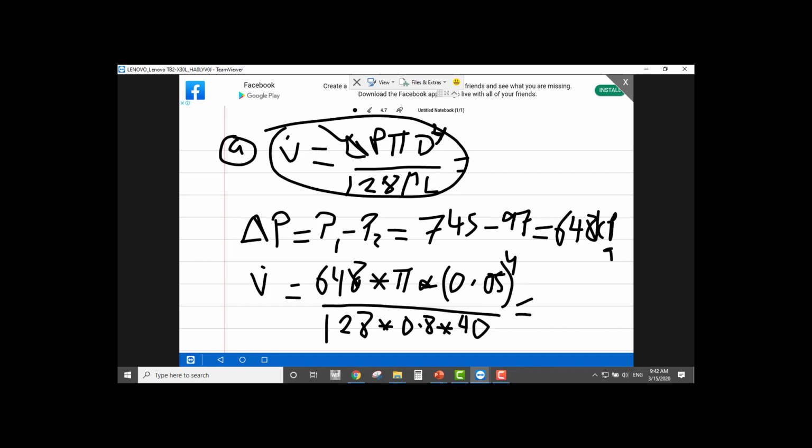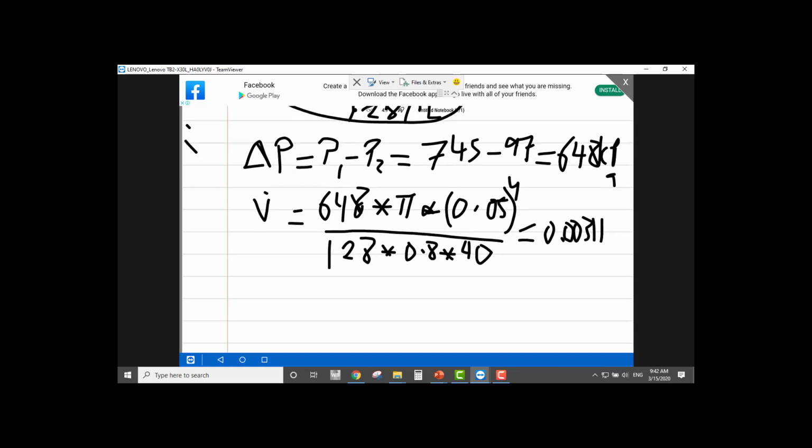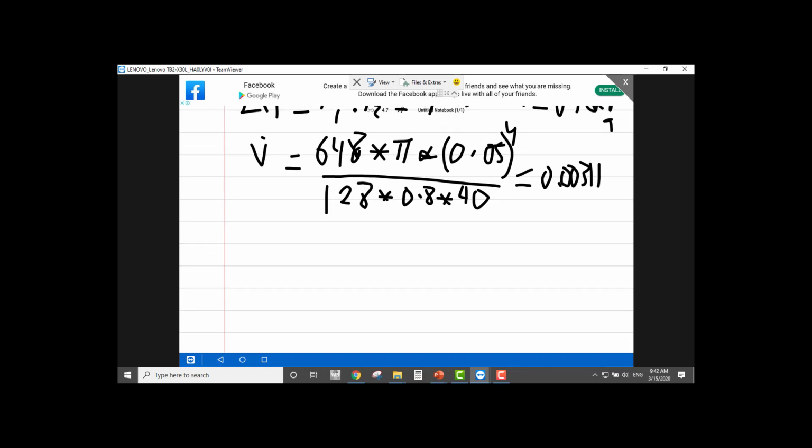So if you calculate the answer will be 0.00311 meter cube per second.